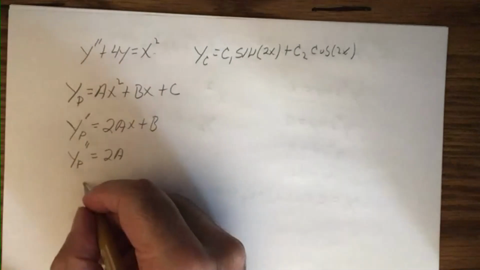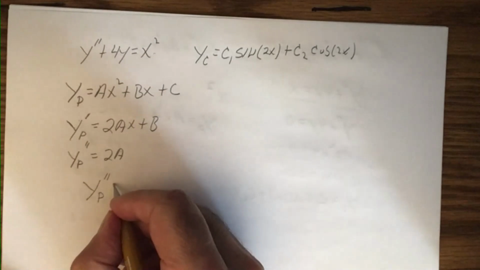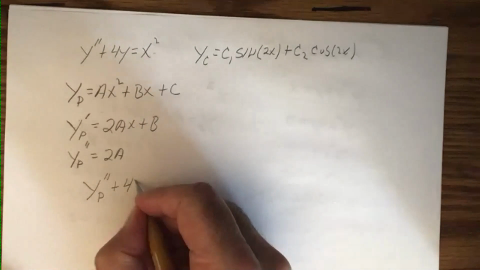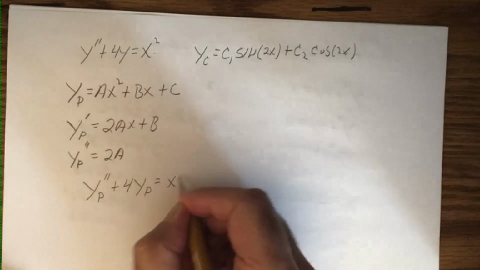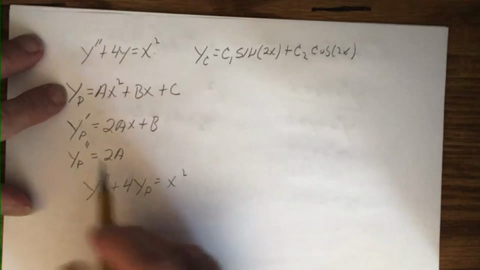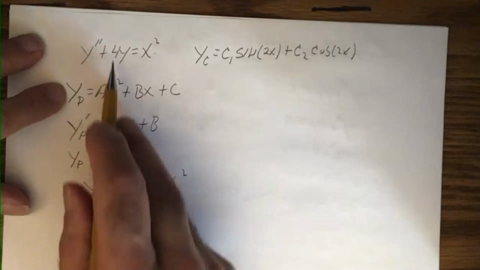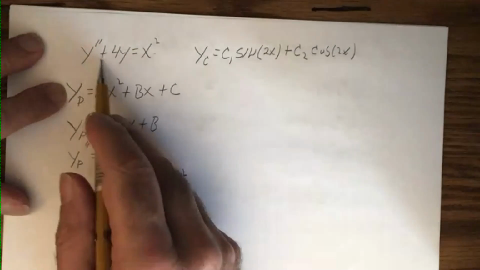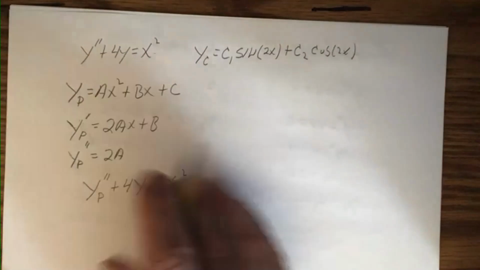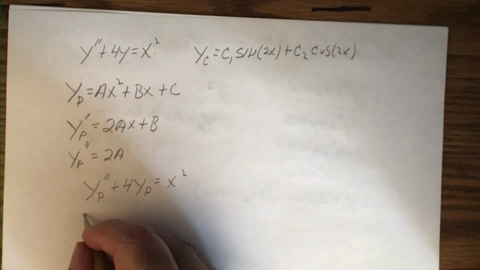So in other words, now I'm going to put in my y sub p's. Now in this case, I don't have a first derivative. I just have a second derivative in the function. So this is going to be 2a. Here I'm going to have 2a.